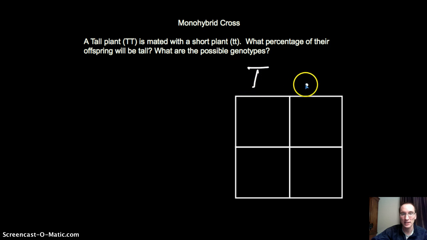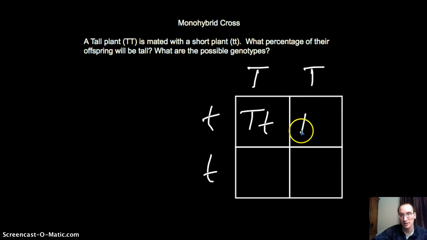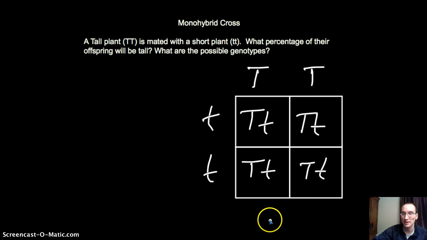I'm going to have a big T and a big T on one side, and a little t over here. Once I start combining them and looking at the different outcomes in these boxes, you should be able to notice something very quickly. All of these are the exact same thing. So for all of their offspring, there's only one possible genotype, which, remember, genotype is the letters, and phenotype is their physical characteristics. So all of these plants would be tall.